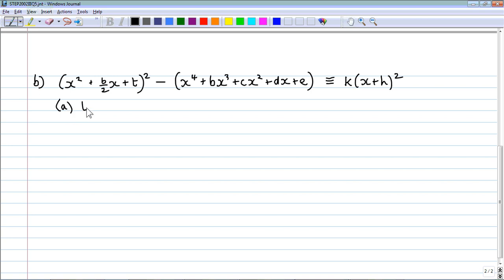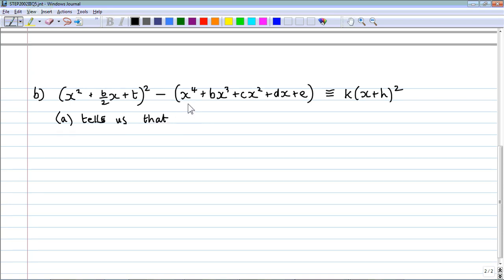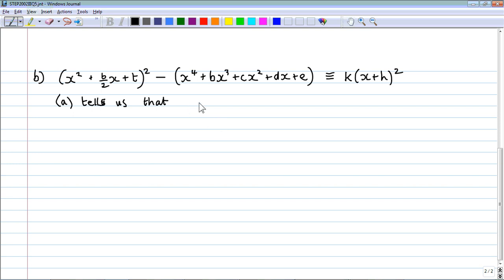So part A tells us that q squared equals 4pr for a quadratic function. Perhaps I should not bother writing this in English because it will just end up being less than helpful.